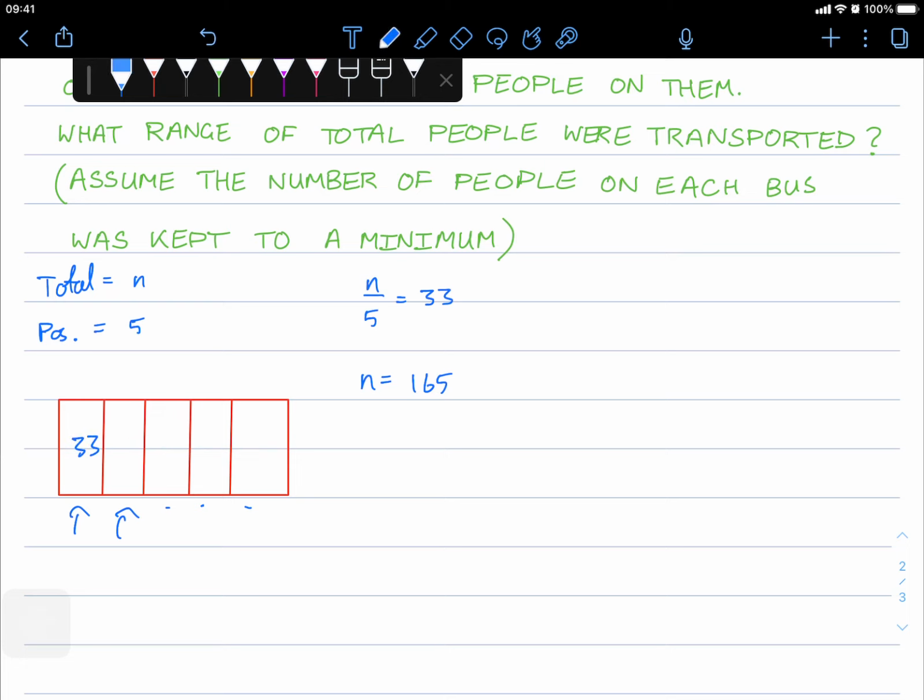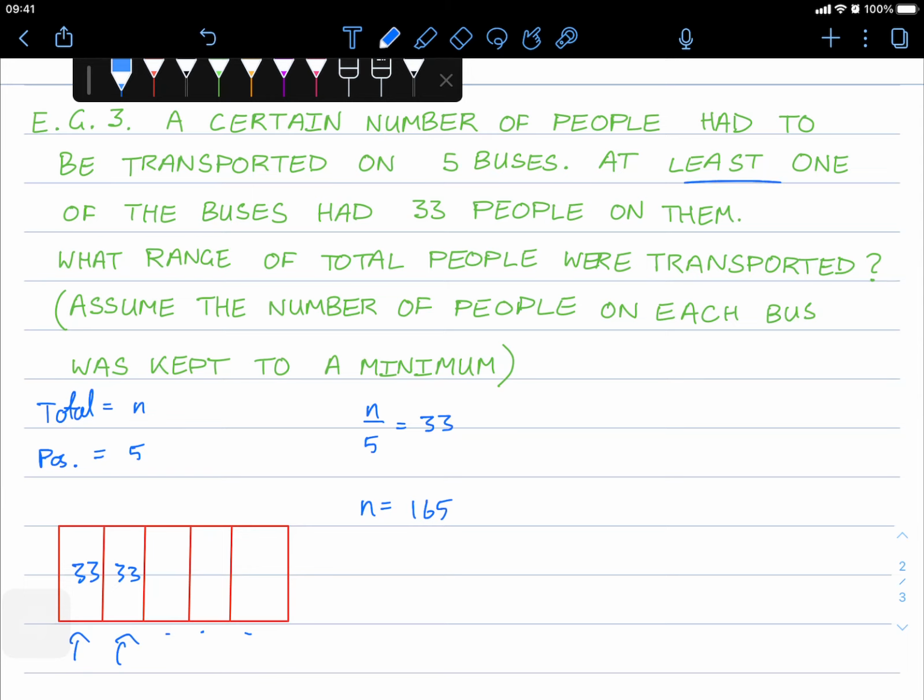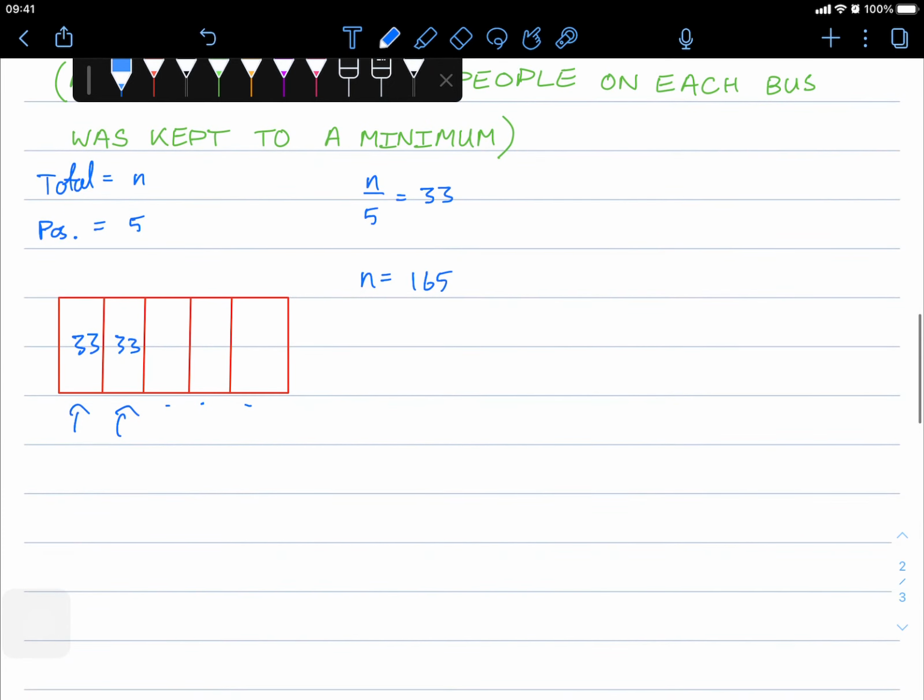Now that's assuming that all of them have 33 people. So 33, 33, 33, 33, and 33, multiplying by 5, we're assuming that all of them had 33 people. But it says here that at least one of the buses had 33 people on it. At least one of them. That means at the very minimum there could be 32 on these ones, and 33 on one of them.